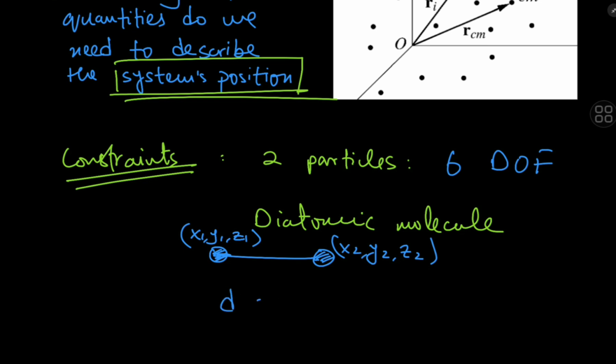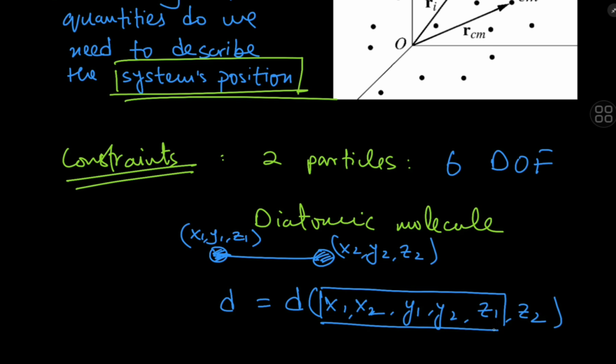So the distance between these 2 particles is fixed and given by some distance formula that is a function of x1, x2, y1, y2, and z1, z2. So that means given any 5 of these coordinates, the distance between the 2 particles can be used to determine the 6th coordinate. So instead of having 6 degrees of freedom, you actually have 5 degrees of freedom in this case.